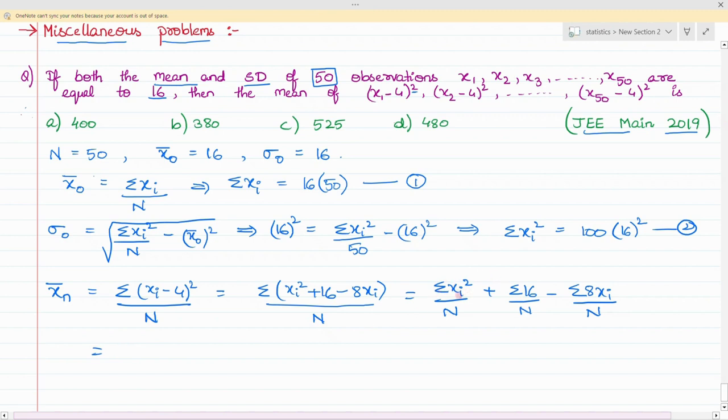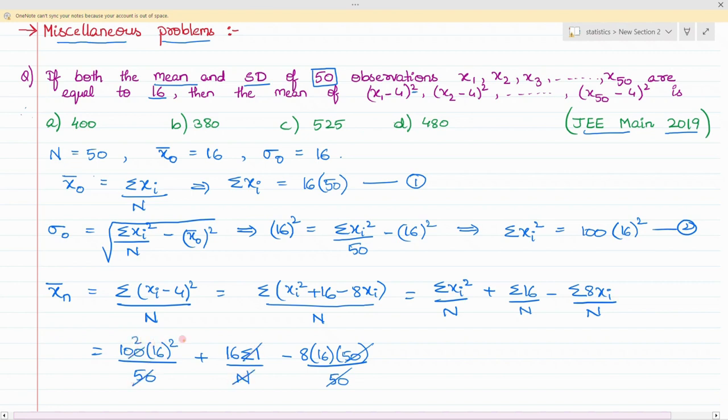From equation 2, we can write sigma xi square as 100 into 16 square upon the total number of observations, 50, plus 16 will come outside, inside it is sigma 1 upon n, minus 8 is a constant and will come outside, and the remaining is sigma xi. From equation 1, we can write it as 16 into 50 upon the total number of observations, 50. So this gets cancelled, and this sigma 1 and n get cancelled.